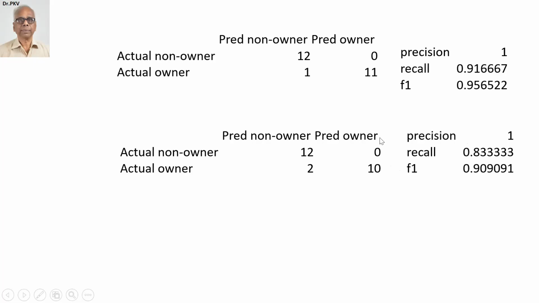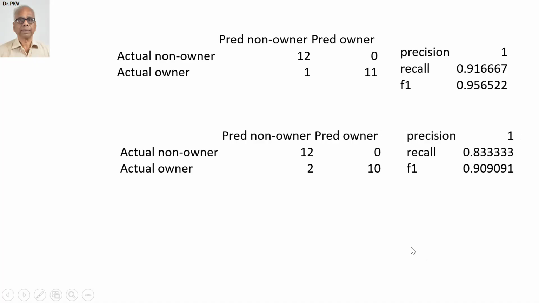Actual given prediction. So the prediction is 10. Total 10 plus 0 is 10 predicted owners. Actual owner is also 10. So precision is 1. Now, if you calculate F1 score, the harmonic mean between precision and recall, it is 0.9090. It's about 91% versus 96 here. Gini has done better in this case. Of course, every case it may not. More or less, both these approaches will give similar results.